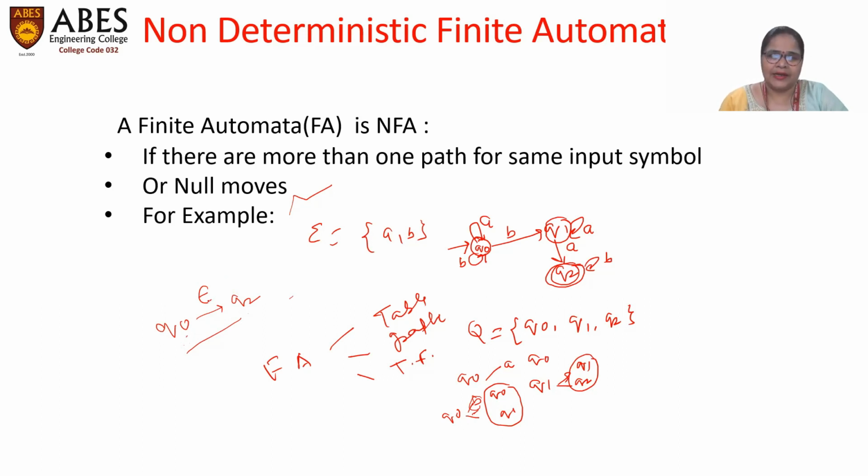So in this way, we can understand the characteristics of the NFA and the drawback of the NFA which we have discussed here. First of all, there is more than one path for the same input symbol, or it does not read an input symbol from one state to another state.